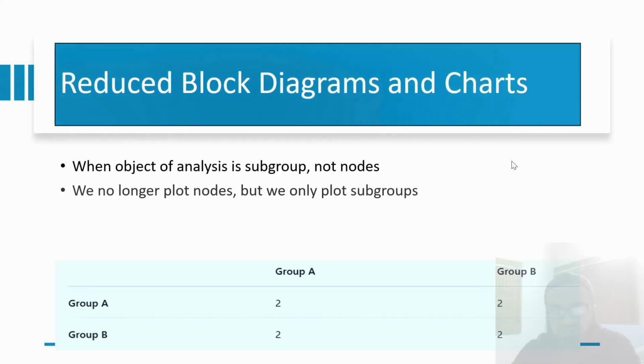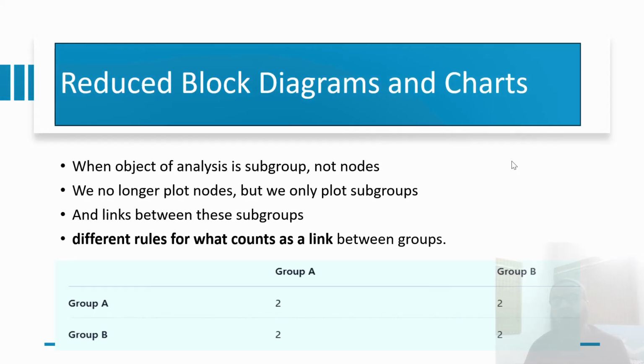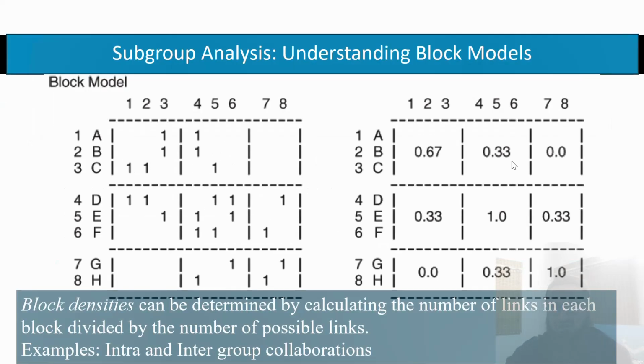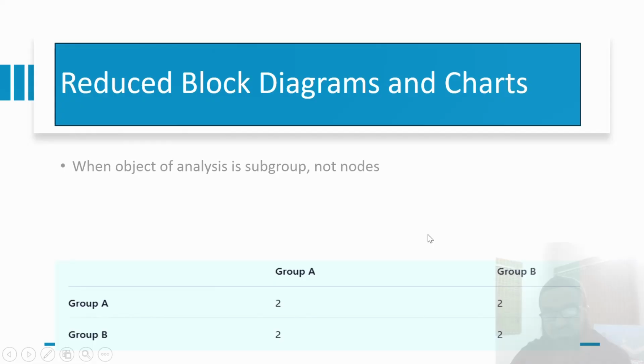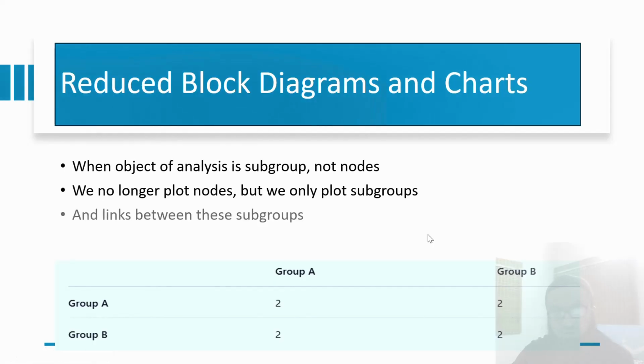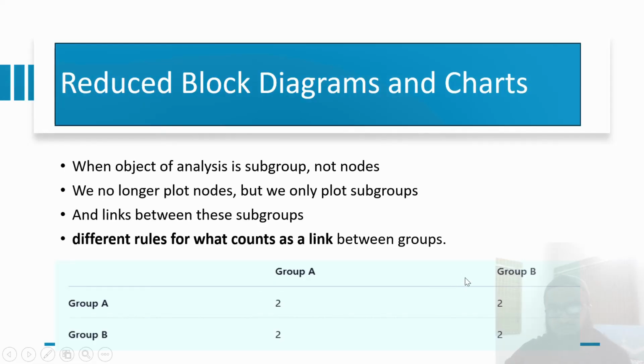Reduced block diagrams. So what are these? When the object of analysis is subgroups, not nodes. Within the same block diagram, we now do away with the node IDs. We just say this is group 1, this is group 2, this is group 3. So now we do the subgroup level analysis, right? We can have 2 different groups, for example, group A, group B. And what are the linkages of group A within group A?